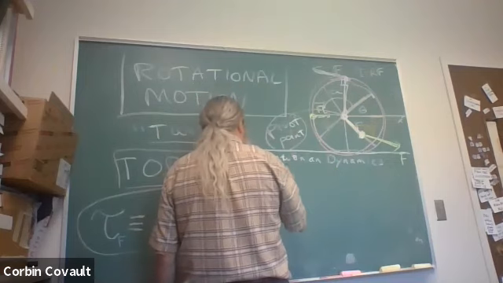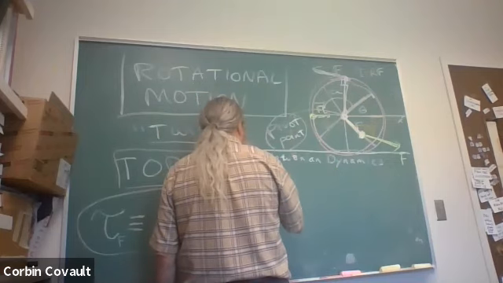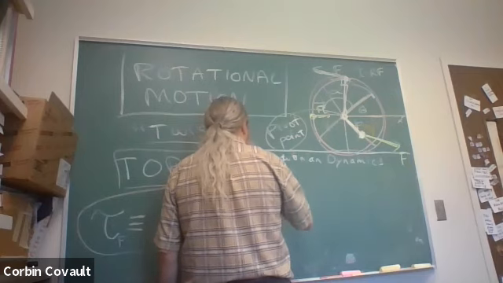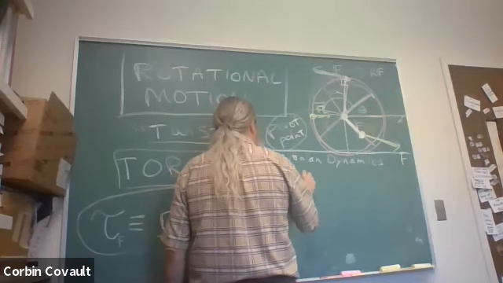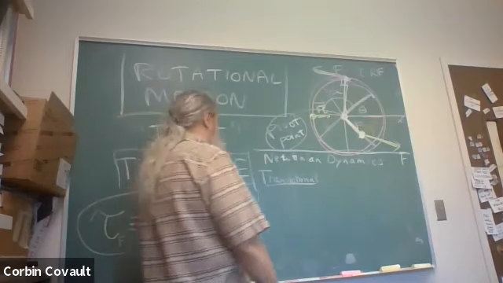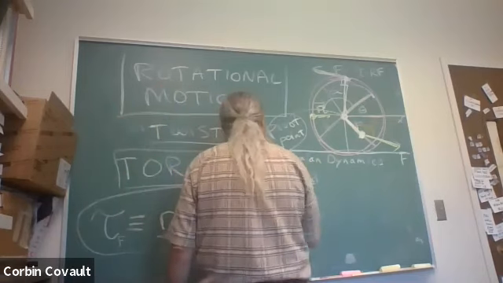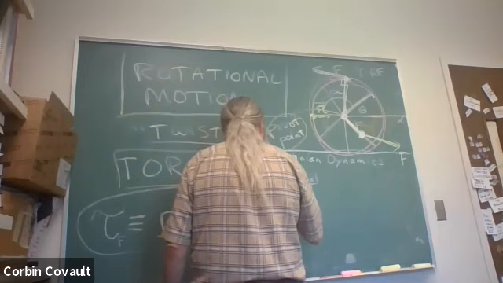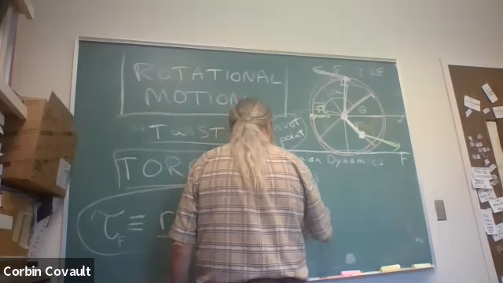In the space which I will call translational, which is to say with x's and y's, this corresponds to everything that we've already done. So translational Newtonian dynamics, the key equation is F net equals m times a.